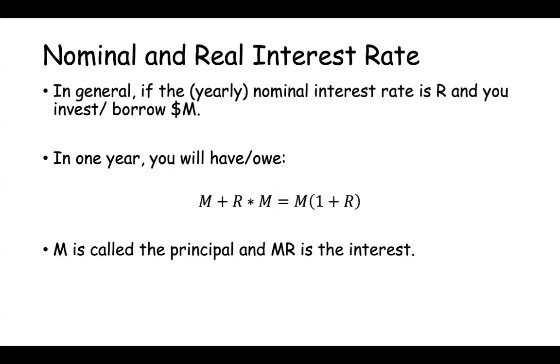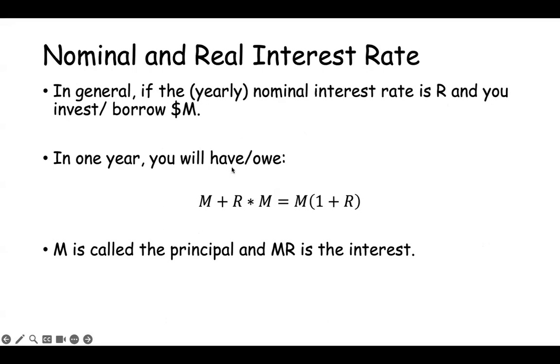More generally, we can write down this formula. If the nominal interest rate, which before was 0.05, we call R, and the amount you invest or borrow, instead of $2,000, we call M. So you borrow M dollars and you have to pay an interest rate R. Or you could put M dollars in the bank and the bank will pay you this interest rate with the same calculation.